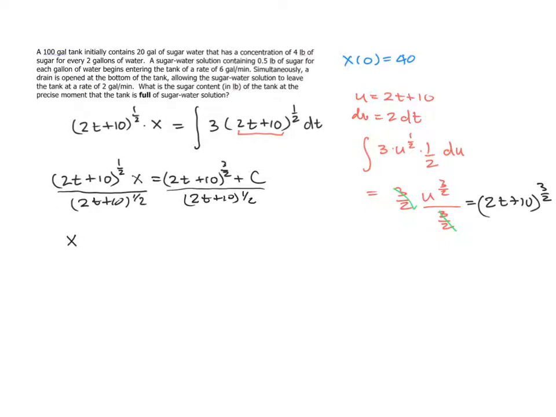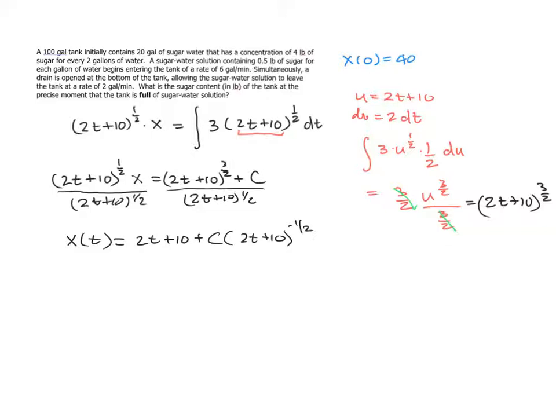Then using the rules of exponents, we're going to have x of t, and our 3/2 minus 1/2 just makes a 2t plus 10 to the first power. And then our constant c is going to be times the 2t plus 10 to the negative 1/2 power.